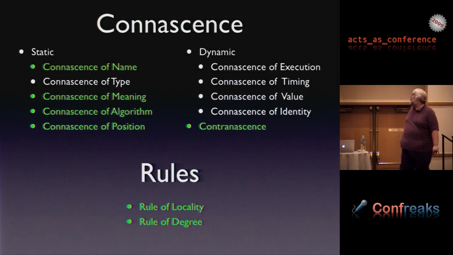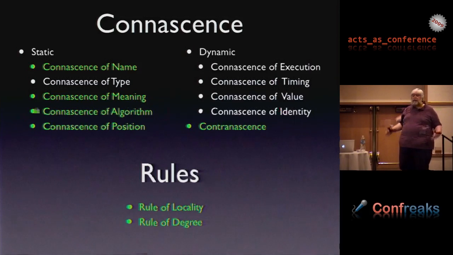Here's some of the other kinds of kinesis that we've mentioned. Kinesis of type means two software pieces need to agree on the type of the object they're working with. There's a distinction between static and dynamic kinesis. We talked only about static. Static kinesis can be determined by physically examining the code base.